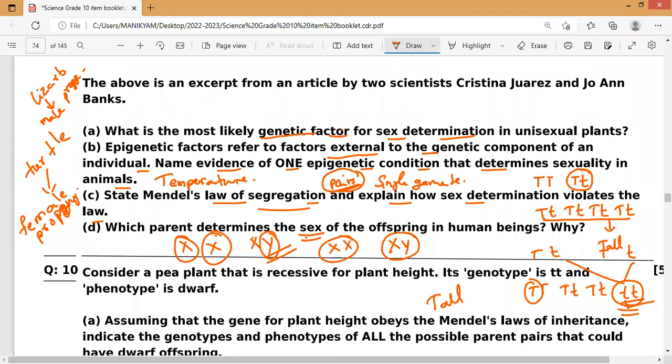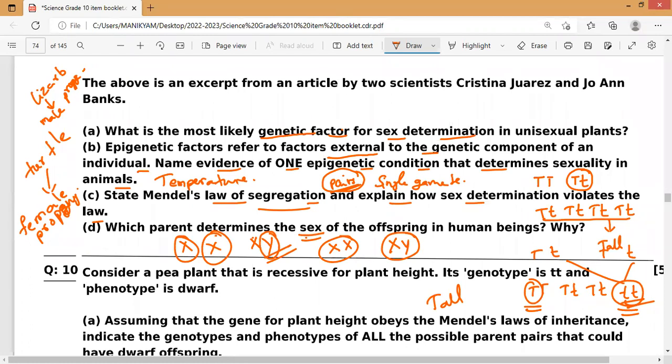So that is what you have to explain and write. Like this you can explain. A single capital T is sufficient in plants to determine the character, depending purely on genetic factors. But in humans, it is not.